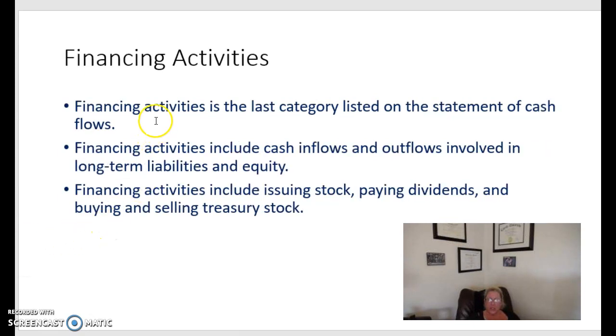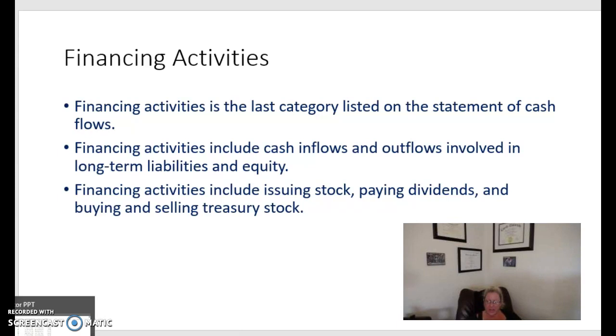The final section is the financing activities. This is the last category on the statement of cash flows. And this includes inflows and outflows involved in long-term liabilities and equity. So notes payable, where if we finance a piece of equipment with a note payable, that is a financing activity. If we take out a loan to purchase some equipment, that is a financing activity.